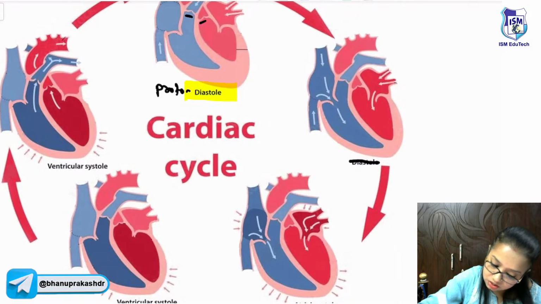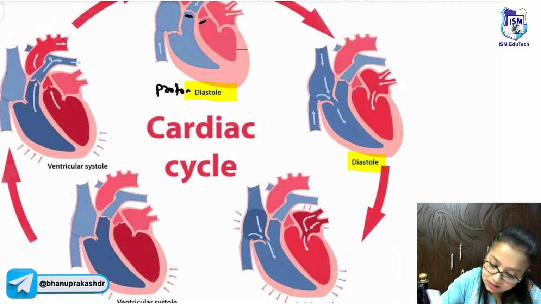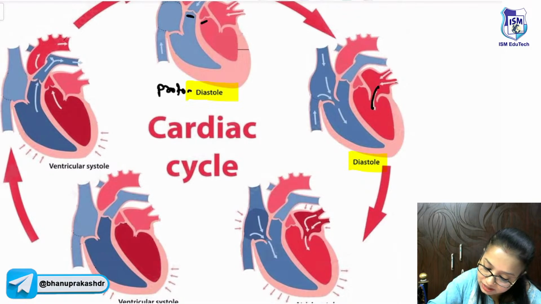Now, the second stage that you are seeing here is the diastolic proper. In the diastolic proper, you see that there is passive filling. As I told you, there is passive filling of the blood from the atrium to the ventricle. The AV valves have opened. These are the AV valves, right?